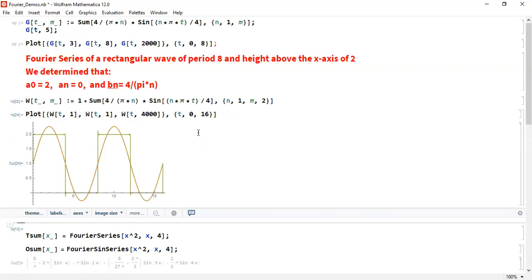Okay, so what you can see is two things that actually didn't show up in our discussion, but were mentioned. So this function has a discontinuity at the points 4 and 8 and 12 and 16, where it just magically jumps in between 2 and 4, teleports.